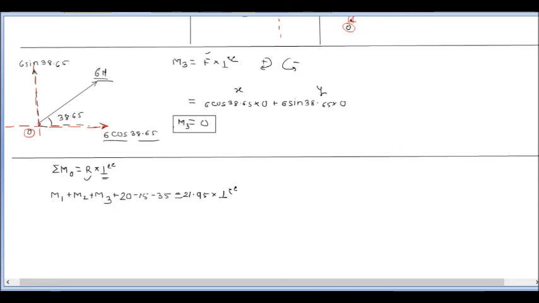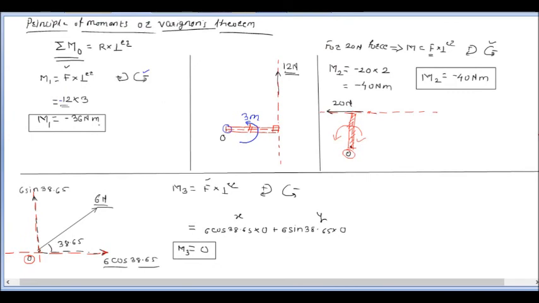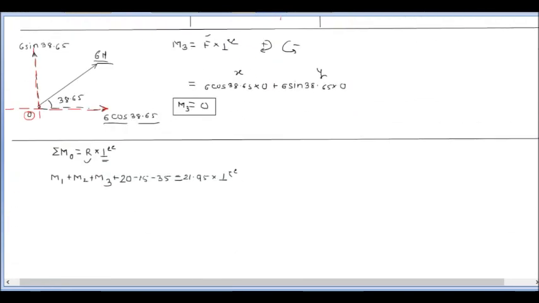M1 we have calculated: the M1 value is minus 36, M2 is minus 40. So minus 36 minus 40 plus M3 0 plus 20 minus 15 minus 35 is equal to 21.95 multiplied by its perpendicular distance.